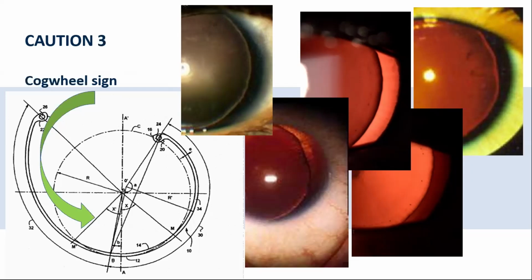So if you start implanting it counterclockwise and you find a stop, go back and try implanting it clockwise. If you find a stop again, you take it out and you can pass a thread through the hole of the leading haptic, and at the time you are rotating the CTR inside the bag, you pull from the thread, thus making the leading end of the CTR jump over the bump.